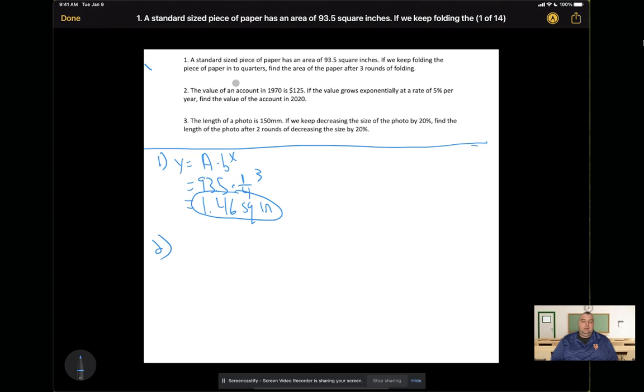The value of the account in 1970 is $125, so that tells me when I use my formula that 125 is going to be my initial value. The value is growing at a rate of 5% per year, so we're looking for a growth factor in which we're going up by 5% each time.